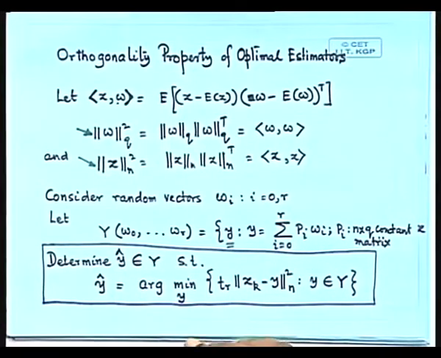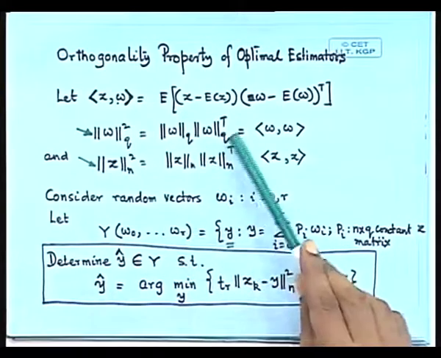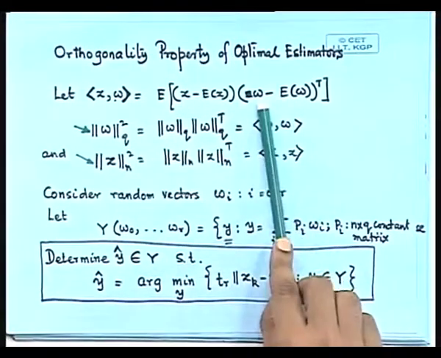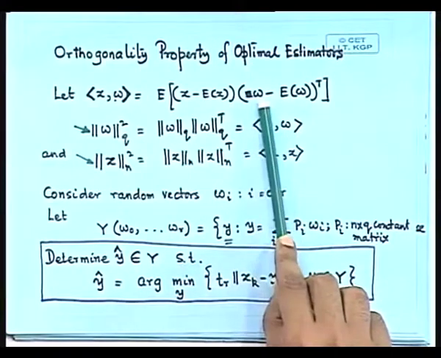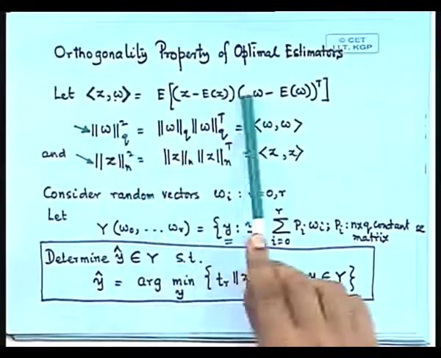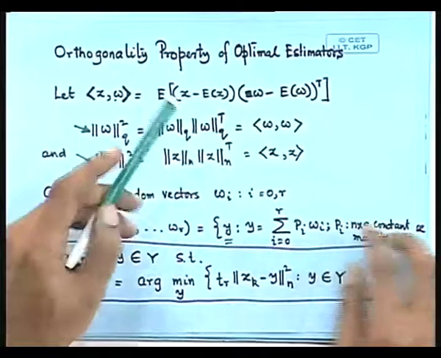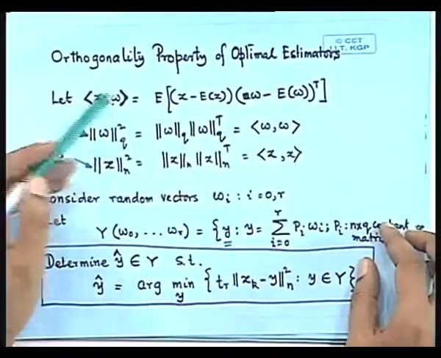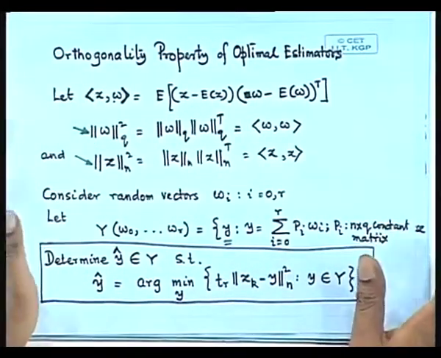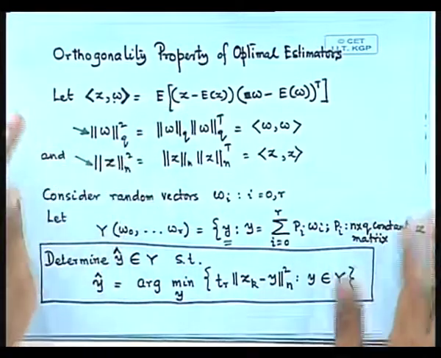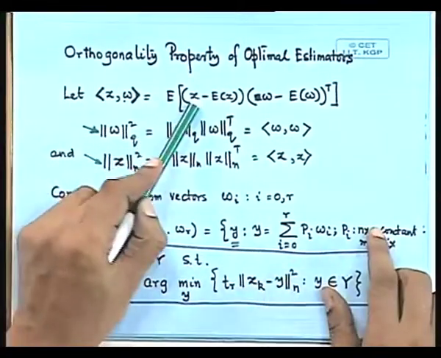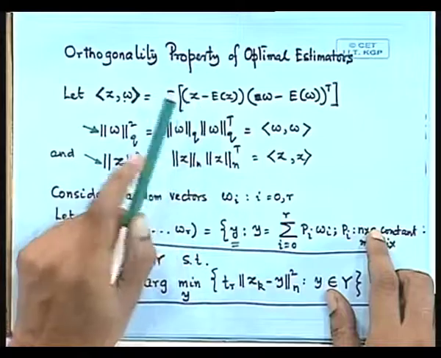So this matrix becomes an n into q dimensional matrix. Okay. So this inner product is defined in this manner. If you define this, it is nothing but the covariance of x and w. So what is the trace of that covariance?